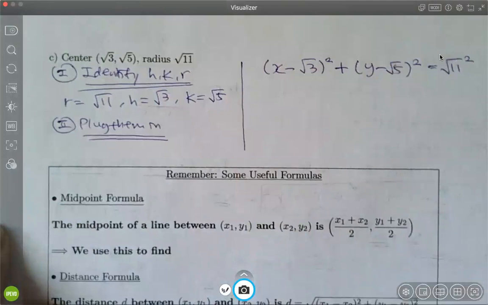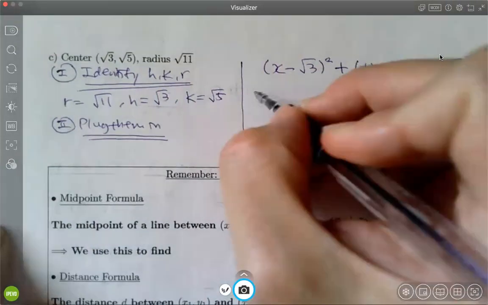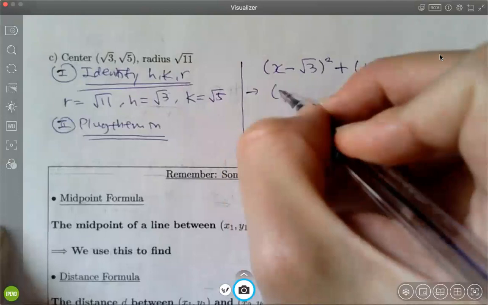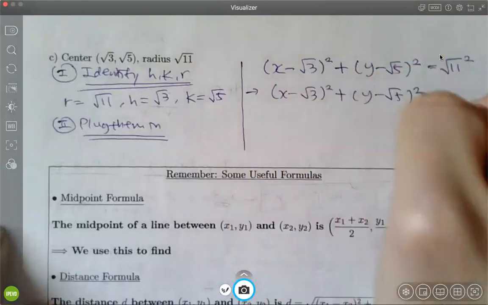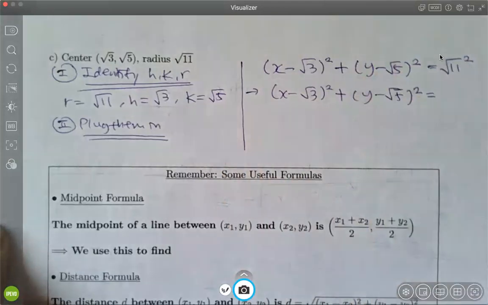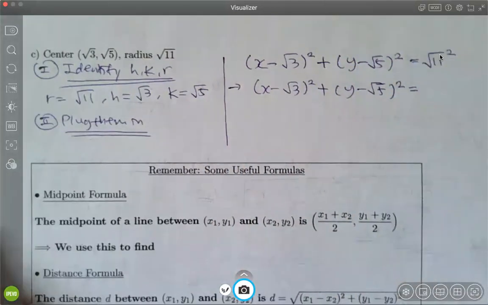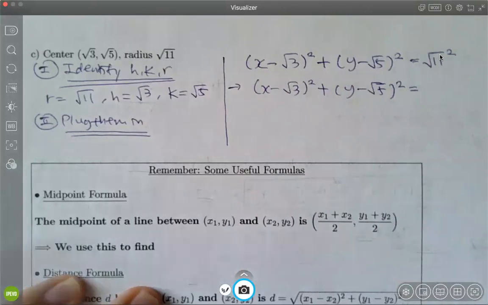So this is equal to (x minus the square root of 3) squared plus (y minus the square root of 5) squared. Now, what is the square root of 11 squared? Just 11, right? Yes.